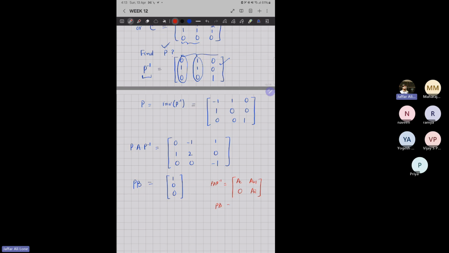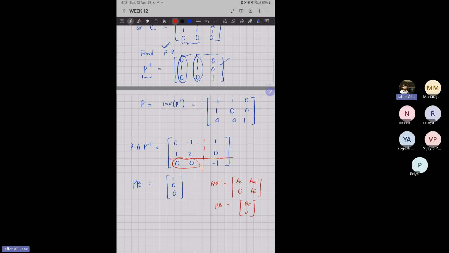Similarly, PB should be equal to [BC; 0]. Now let's identify AC. You see, this part is 0.